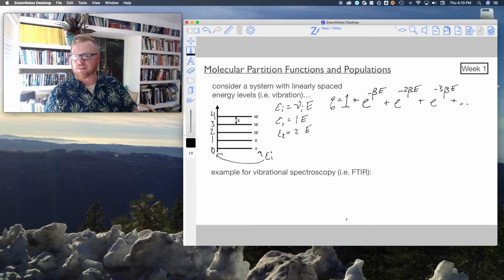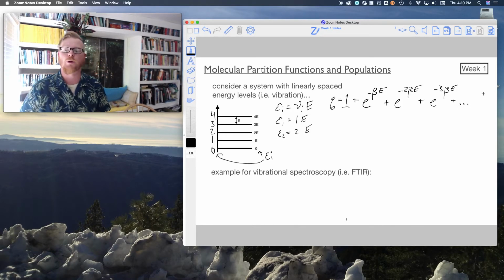We can see that's how we're carrying out that sum through all of those states in the partition function.